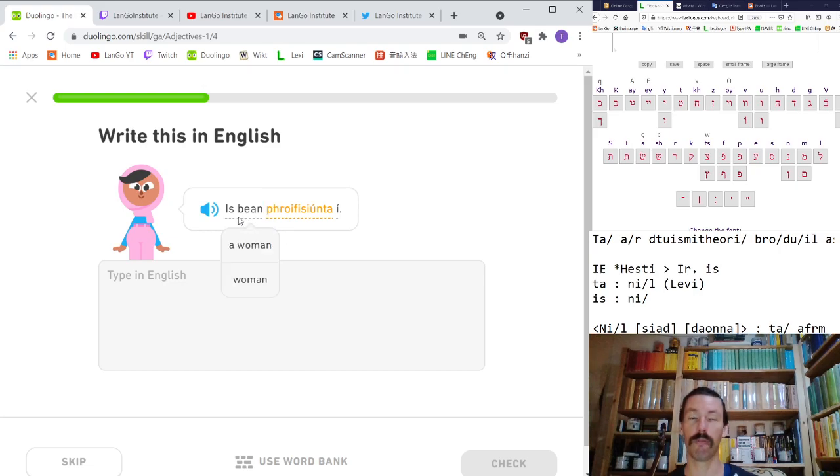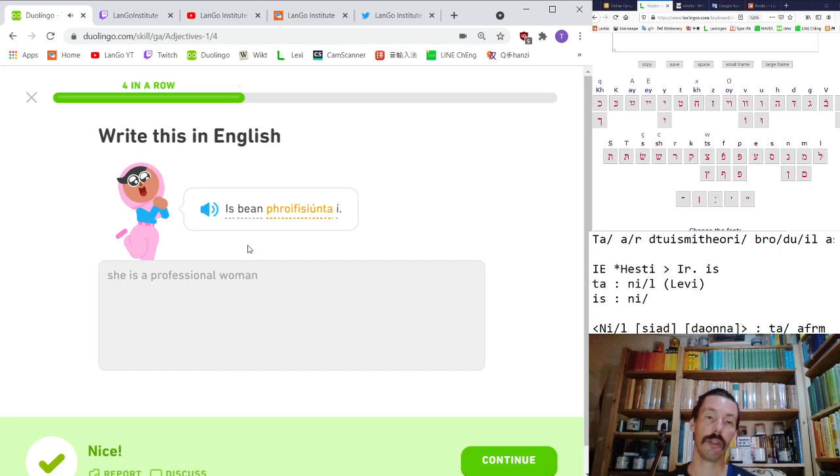Look to the left, we have a noun, bean. This is in a phrase together. A professional woman. The subject is sentence final. She is. And it's going to be indefinite. A professional woman. This bean for woman is at the head of its noun phrase, and it's not mutated.